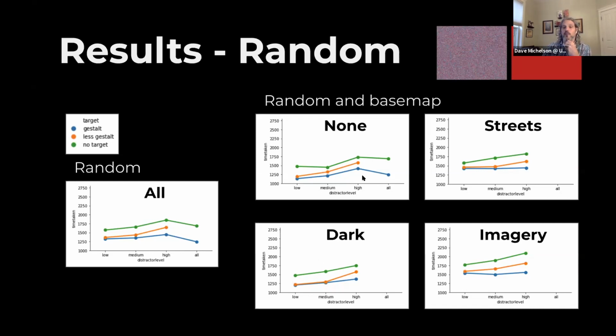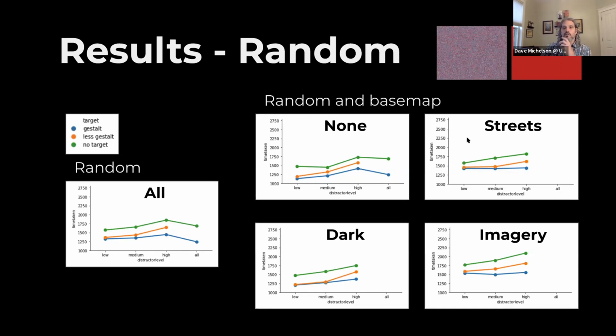The second thing to notice is that, for the most part, the Gestalt targets produced a flatter, less serial reaction time as opposed to the less Gestalt target. I'm going to keep getting those words mixed up. It's like a tongue twister, which is interesting.